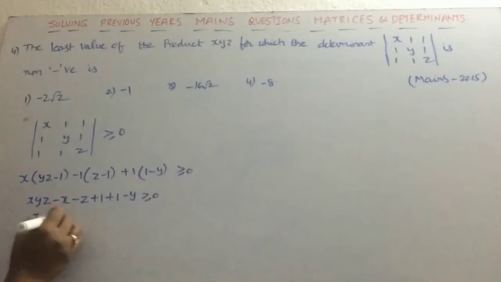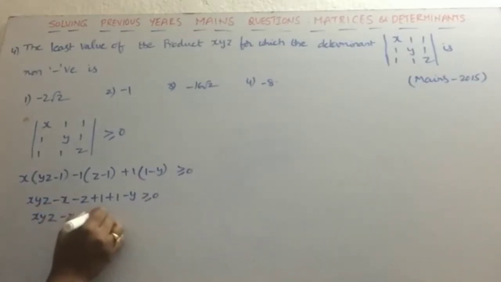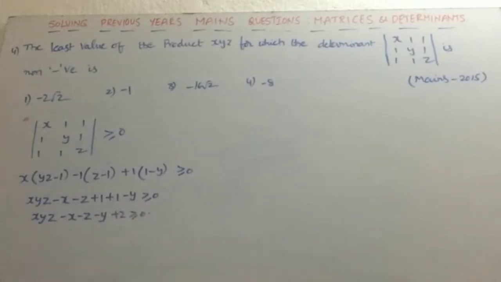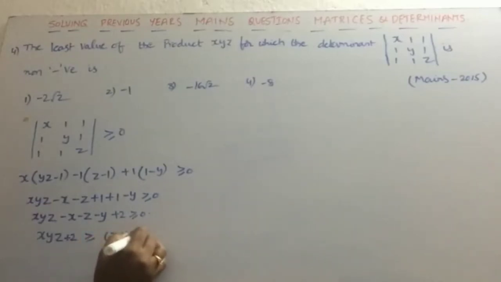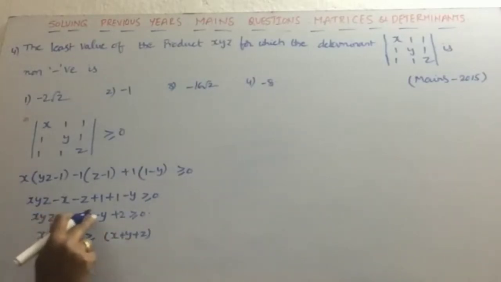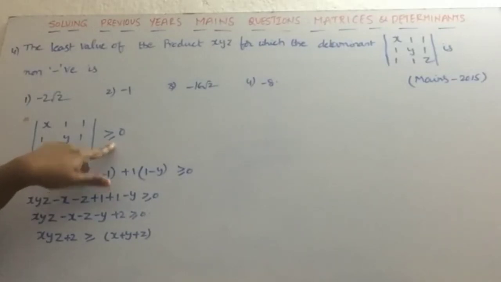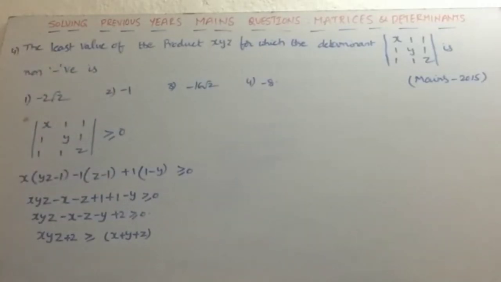That means xyz minus x minus z plus 1 minus y is greater than or equal to 0, which gives xyz minus x minus y minus z plus 2 is greater than or equal to 0. Then xyz plus 2 is greater than or equal to x plus y plus z. I will transpose minus x minus y minus z to that side, so it becomes x plus y plus z. So xyz plus 2 is greater than or equal to x plus y plus z.